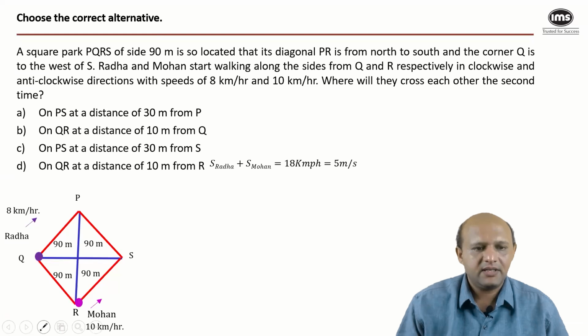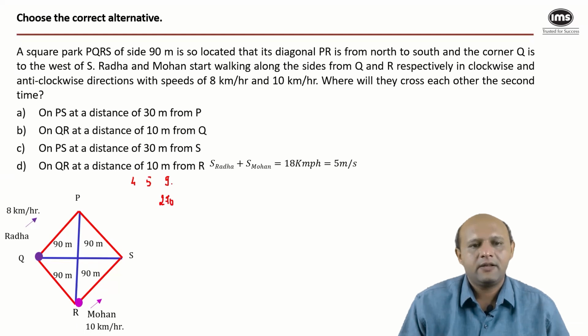Just let me explain this. So if the ratio of their speeds are 4:5 and they are separated by a distance of 270, so it's a 30th multiple. So therefore he would have to cover 150 meters. Radha would cover 120 meters.